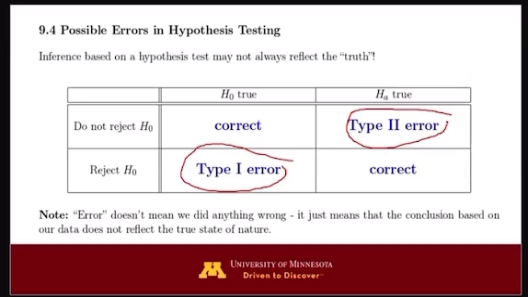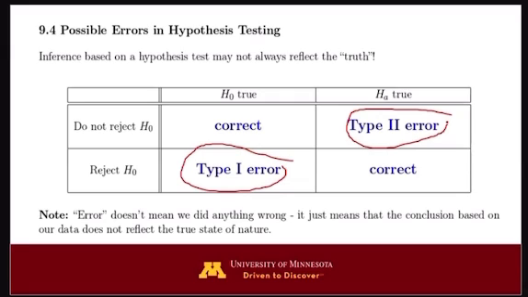Okay, so let me give you a definition. Type 1 error means H0 is correct and you reject it. H0, the null hypothesis, is right, but you reject it. Type 2 error: the null hypothesis is false, but you fail to reject it. Do you see the difference?